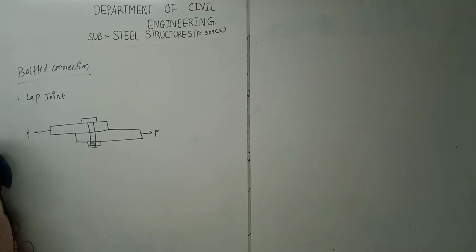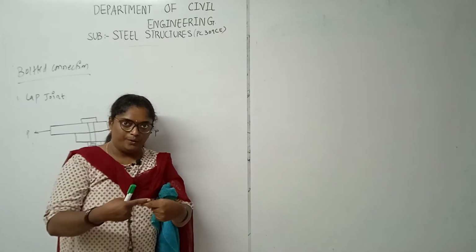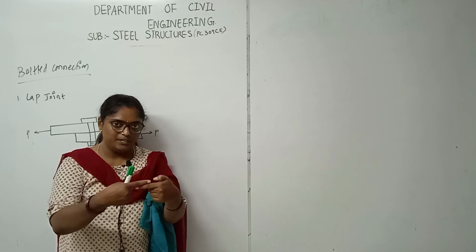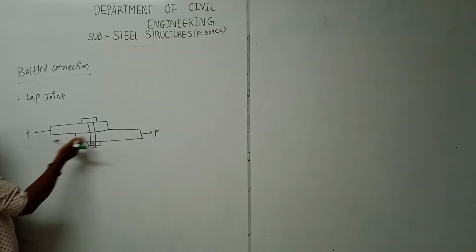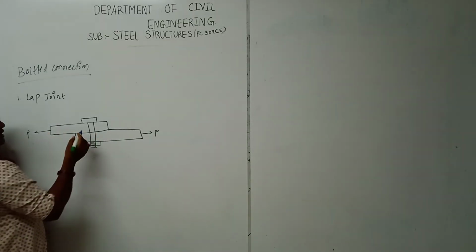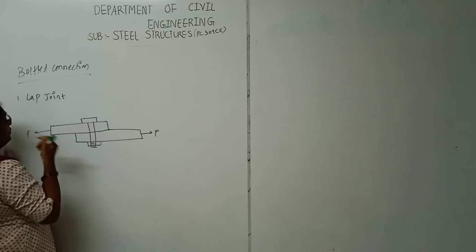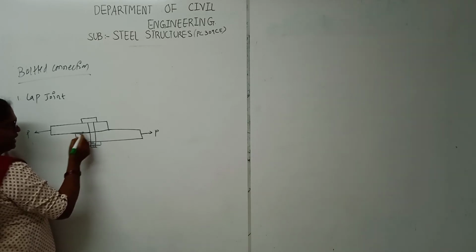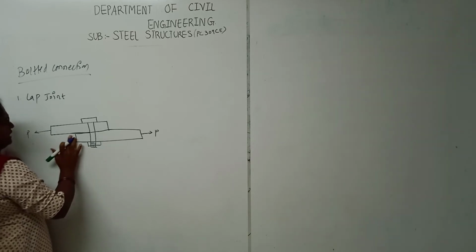This is called a bolted lap joint. This is one plate and this is one plate, and both are overlapping. For that purpose this is known as the lap joint. The lap joint we will be doing by using the bolt. Whatever portion you have here is known as the shank portion. This we will study briefly.